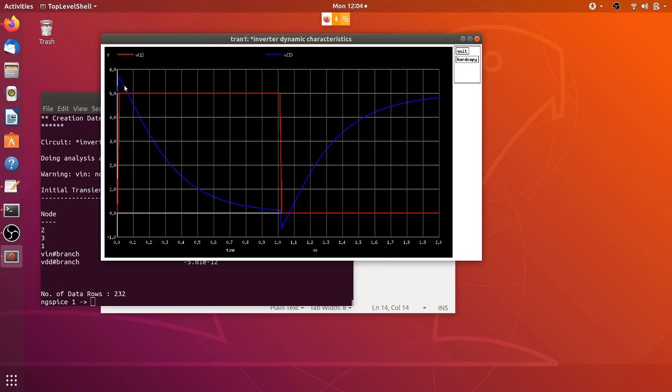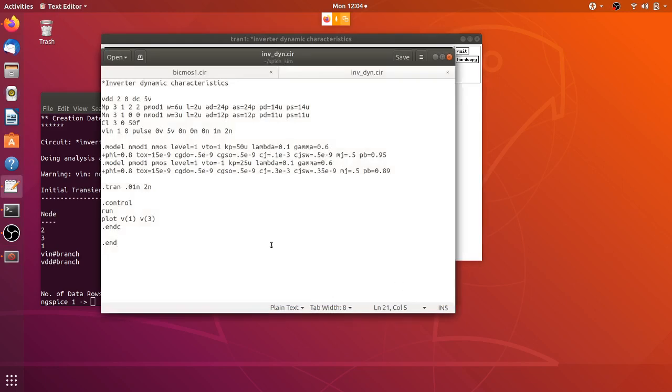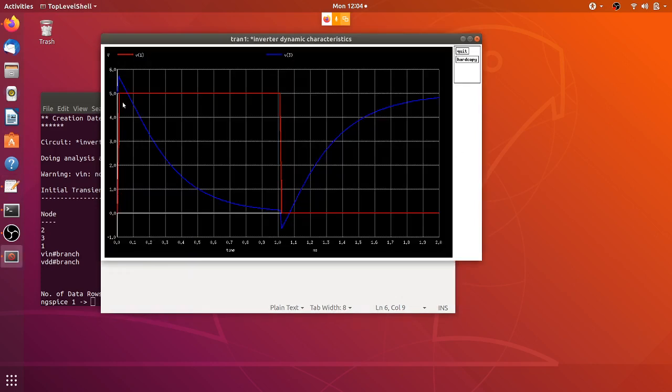But you can see that I have put a 50 femtofarad, F for femto, load at the output. Because of that, the transition of the output from high to low is pretty slow. It is almost taking 1 nanosecond time.